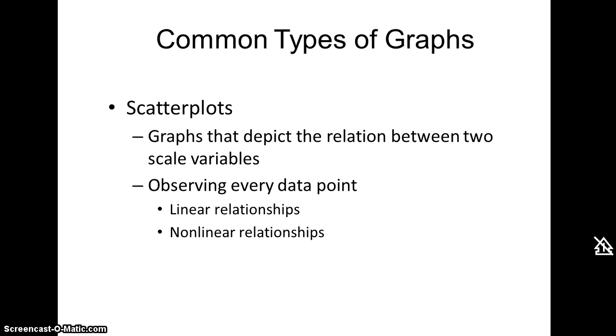And what we're looking for is to see whether there appears to be a particular trend in the data. We might find that it seems like the data falls in somewhat of a straight line, that we could draw a straight line through it that could kind of fit the data. Or we might find something that's actually a curve of some kind, and it's a nonlinear relationship.